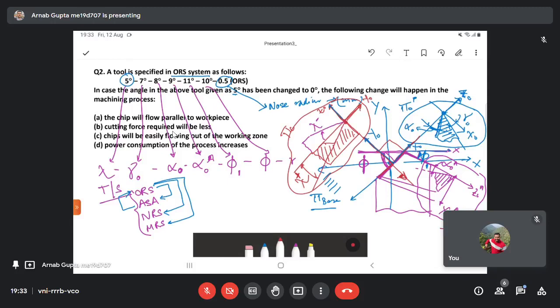The question says that the angle in the above tool is given as 5 degrees, that is this inclination angle. Here 5 degrees means it is a positive inclination angle, the tool is inclined in this manner from this base plane. So the scenario is like this.